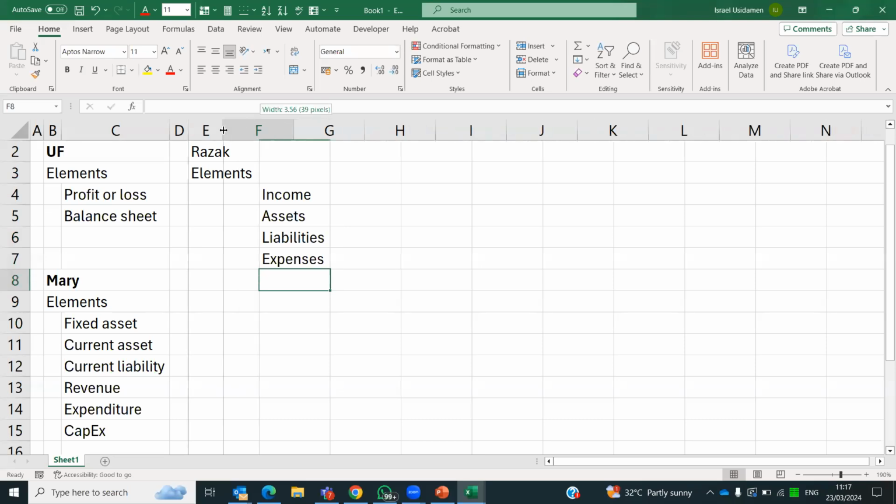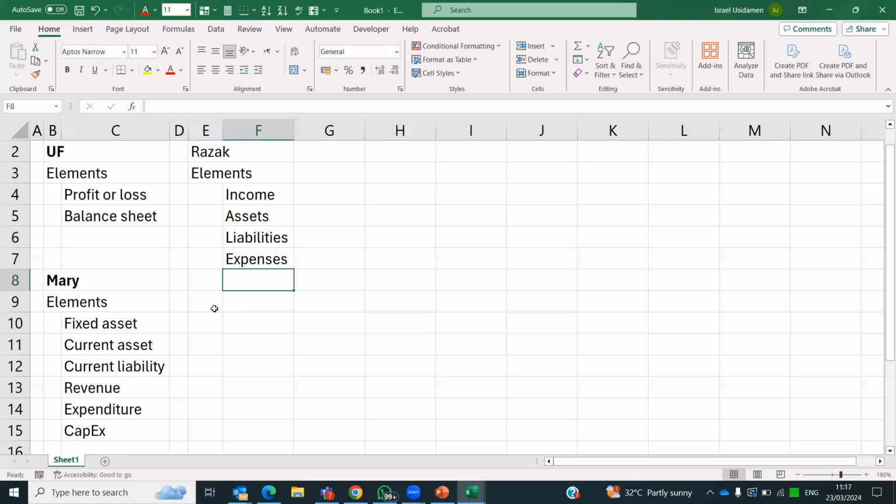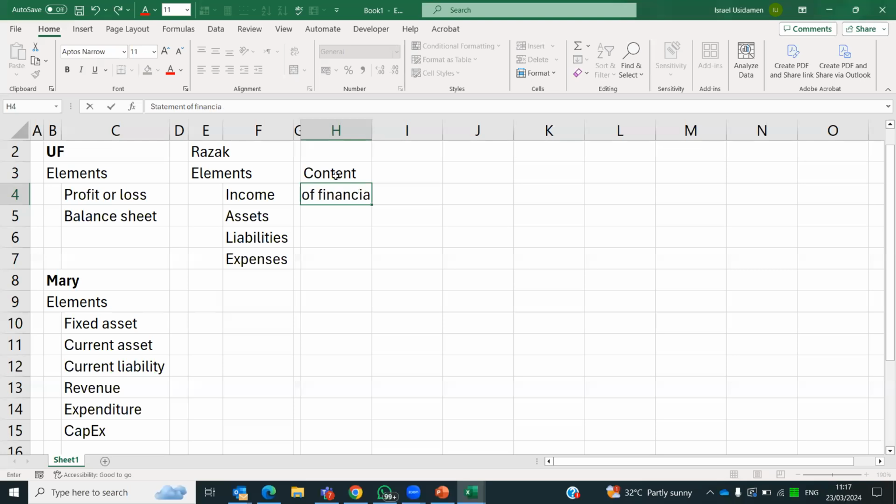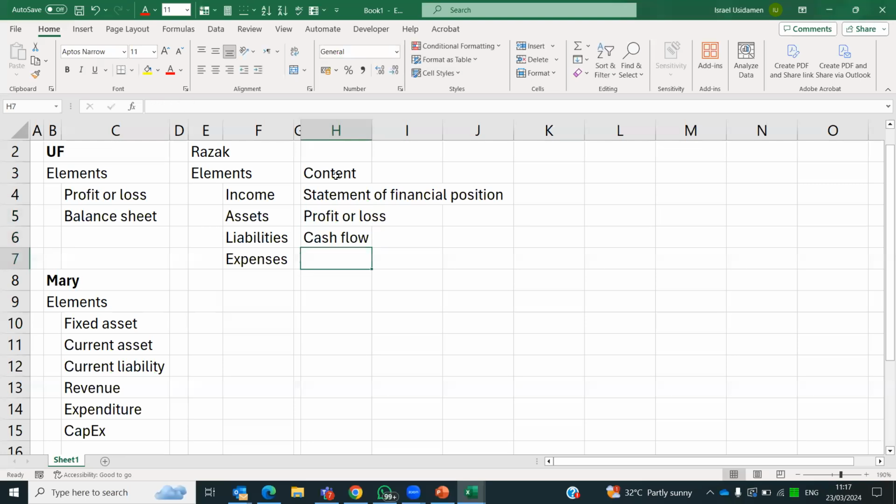And the components, the contents, are the statement of financial position, the profit or loss account, statement of equity, and cash flow. So I think those are the contents of financial statements.